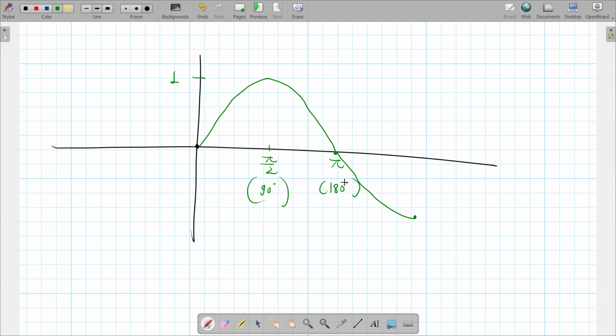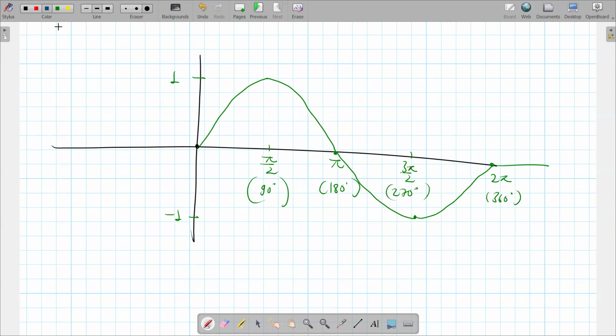It's always in increments of 90 degrees, so that's 270 degrees, or 3 pi over 2, where it reaches the minimum value of -1. Then it returns at 2 pi, where the angle is 360 degrees. And remember, it's periodic. That's the best part: the same loop is going to happen over and over again.